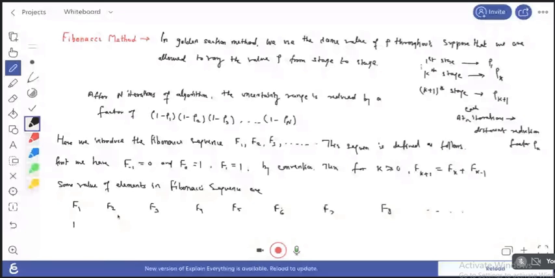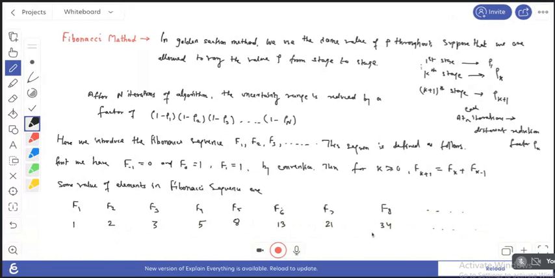F3 means k equals 2, so F2 plus F1, 1 plus 2, equals 3. F4 is 2 plus 3, equals 5. F5 is 3 plus 5, equals 8. F6 is 5 plus 8, that is 13. F7 is 13 plus 8, that is 21. F8 is 13 plus 21, equals 34. So this is the Fibonacci sequence, and the values of the elements are 1, 2, 3, 5, 8, 13, 21, 34, and so on up to infinity.